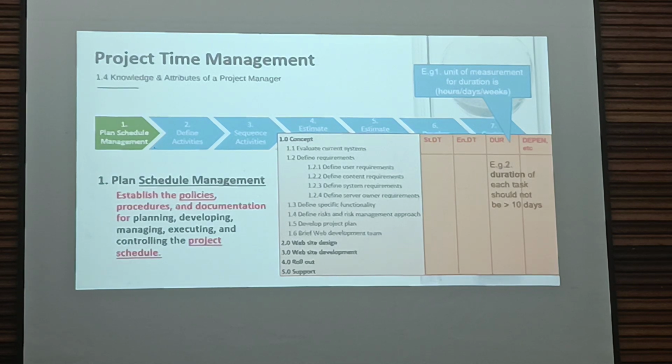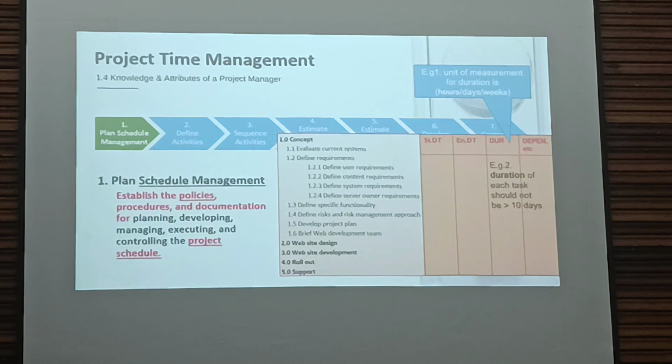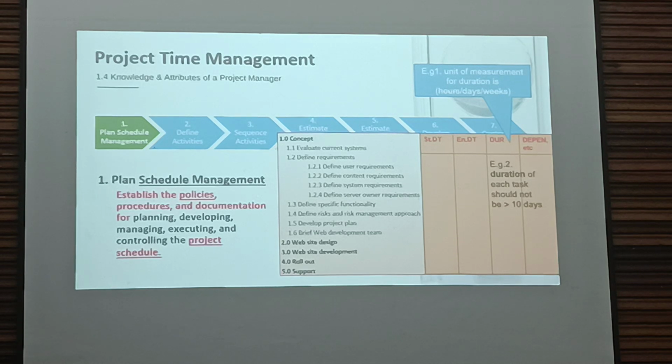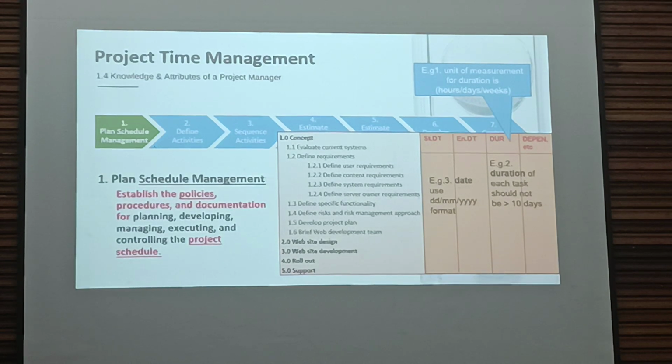When you have a written policy like this, all project managers or all staff in the company need to follow it. Also, for date, use a standard format. So that is a policy for date format. You don't use one format in one project and another format in another project. This will cause confusion.